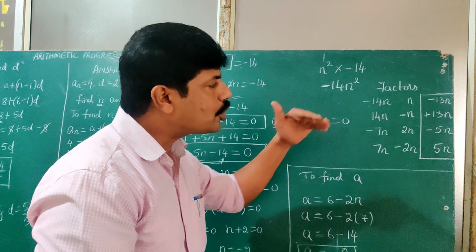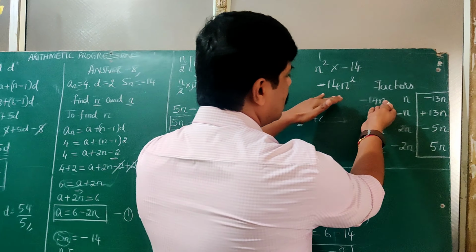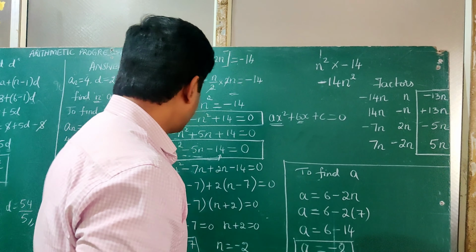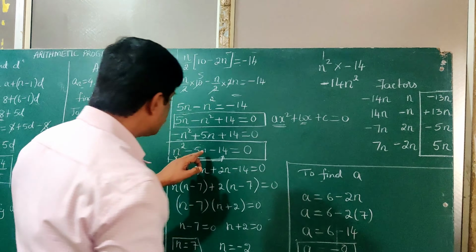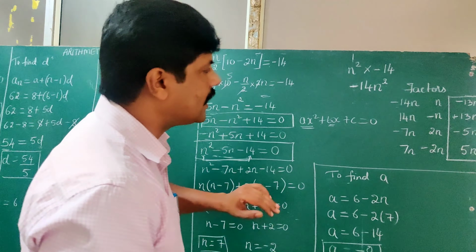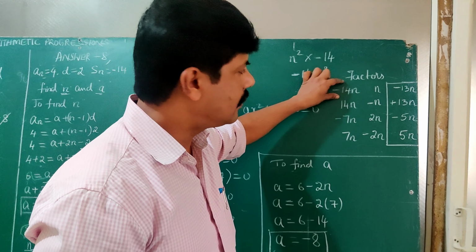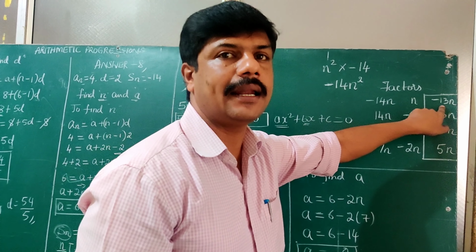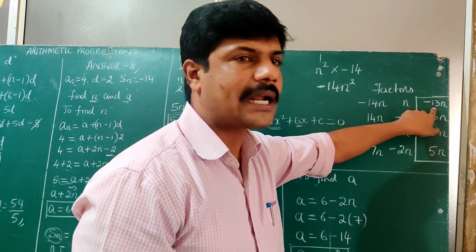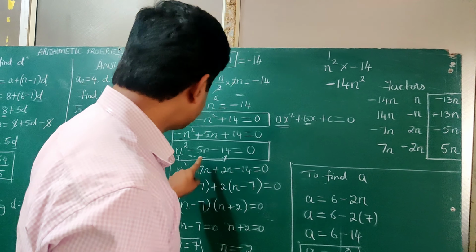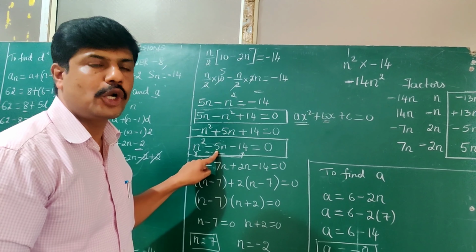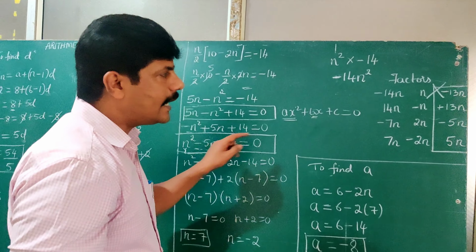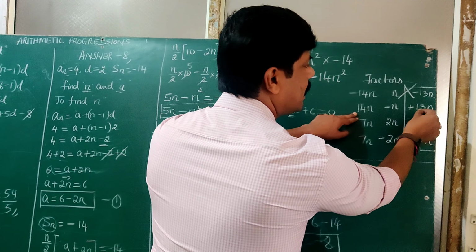Okay. Now we have to choose, after addition or subtraction, which factors become minus 5n. Now you can see that minus 14n plus n is minus 13n. Okay, after addition we get minus 13n. Is it minus 13n here? Not there. Therefore, this factor we will not take. And again, if you see this, here you will get plus 13n.